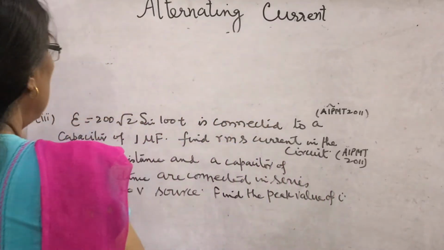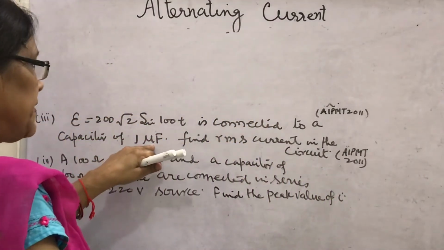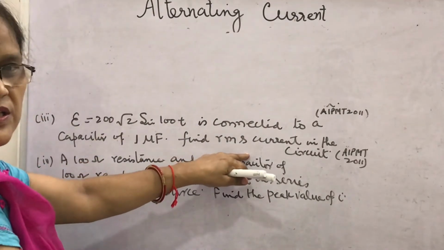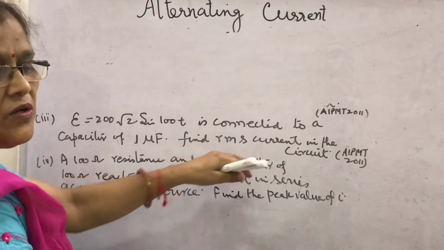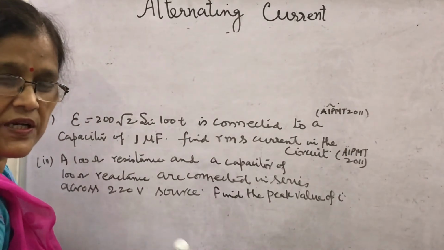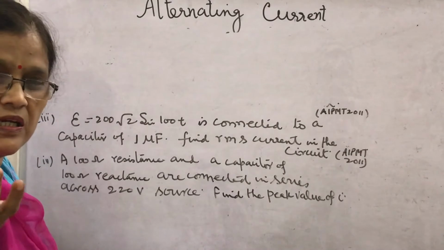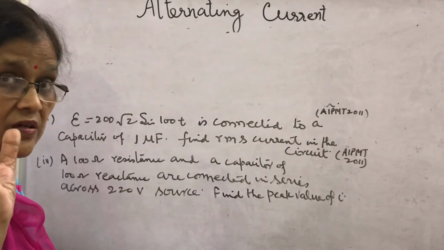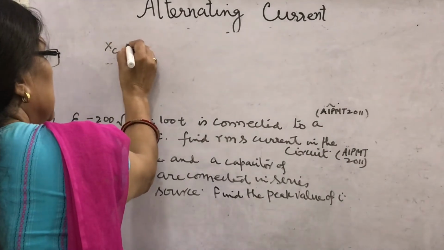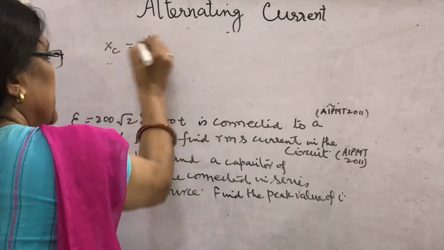Find the RMS current in the circuit. You know, in a purely capacitive circuit, what is its hindrance? Capacitive reactance. Here Xc is given by 1 upon omega C.